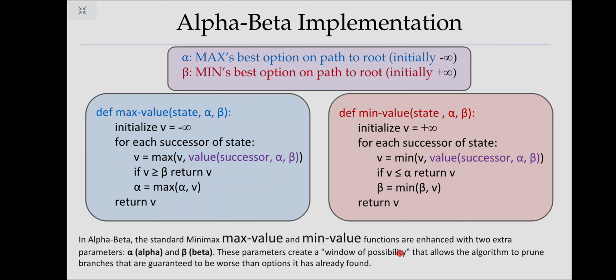All of this is defined by a recursive function with respect to alpha and beta, which are updated by the max player and min player.